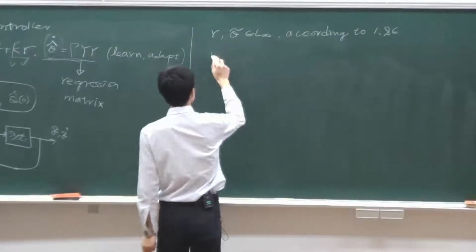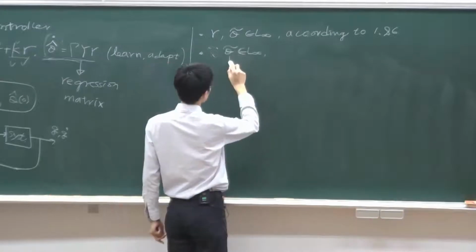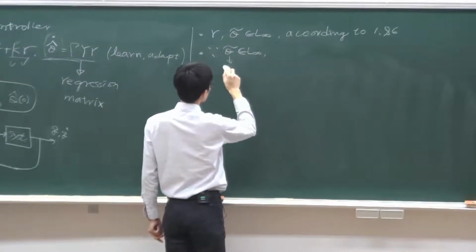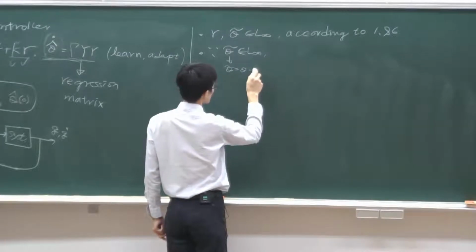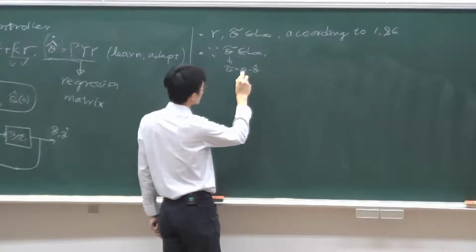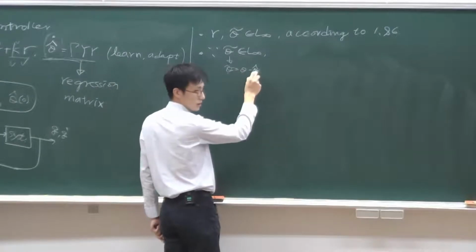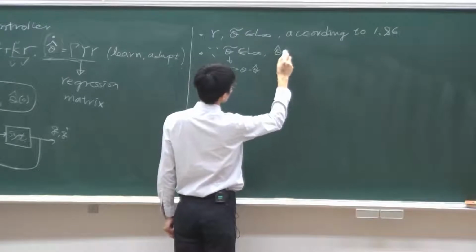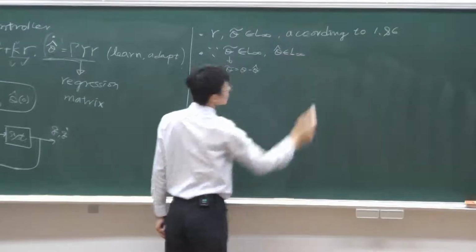And because theta tilde is bounded, and it is defined as theta tilde equal to theta minus theta hat, and theta is a constant, if this is bounded, theta hat will also be bounded.